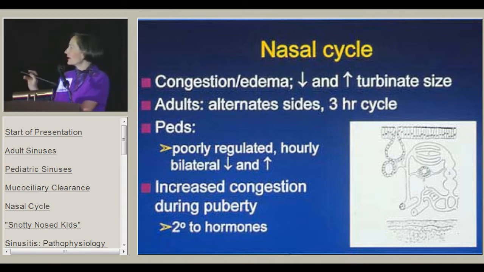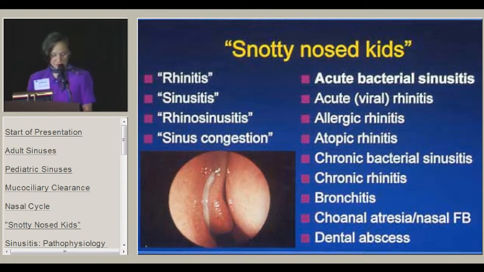But in children, it's very poorly regulated, and it has to do with the capillary beds and just not having the congestion well controlled. And it can increase quite a bit during puberty. And those of you who may remember if you did med peds or something and you took care of ladies that are pregnant, a lot of them have stuffy noses, and that's partly due to this poor vascular control in the nose.